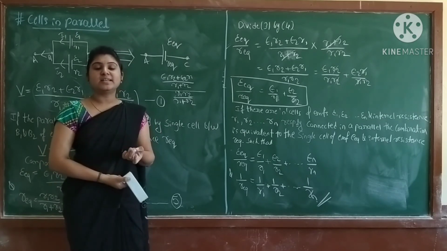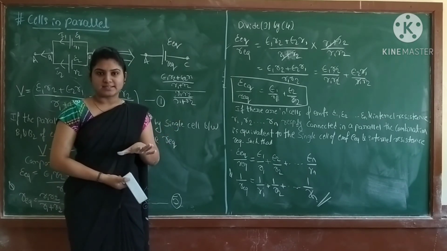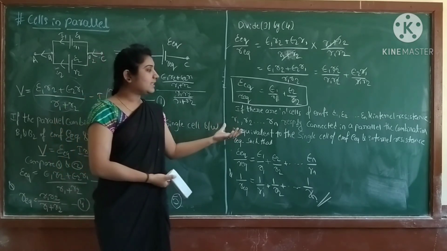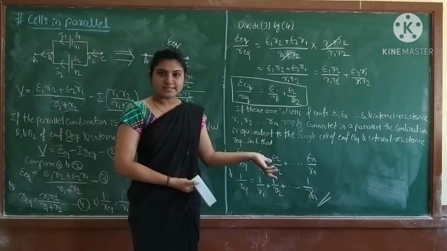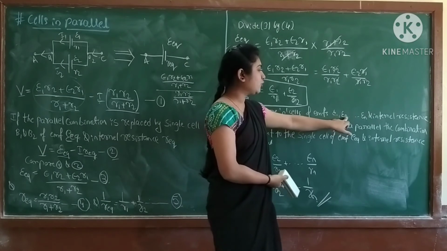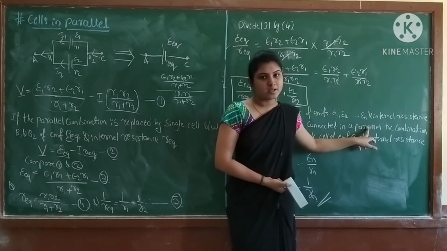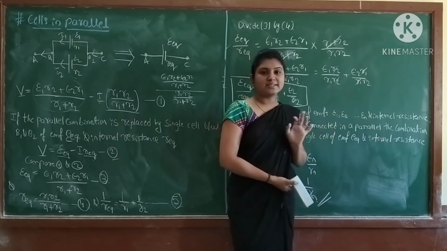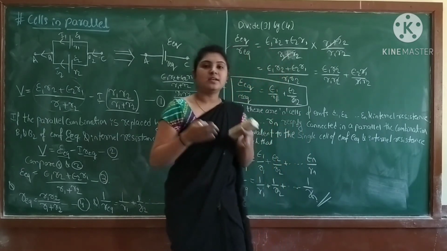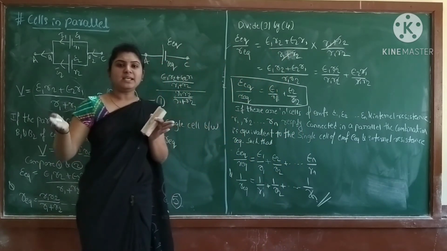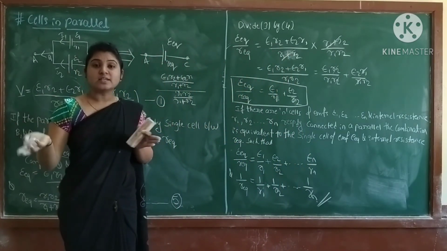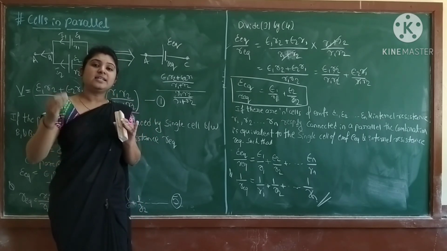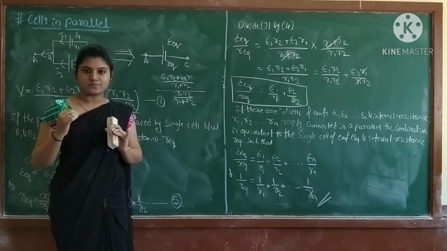Now we are considering n number of cells. Each cell has its EMF, so it will be E1, E2 up to En. Then the internal resistances will be R1, R2 up to Rn, because we are considering n number of cells.